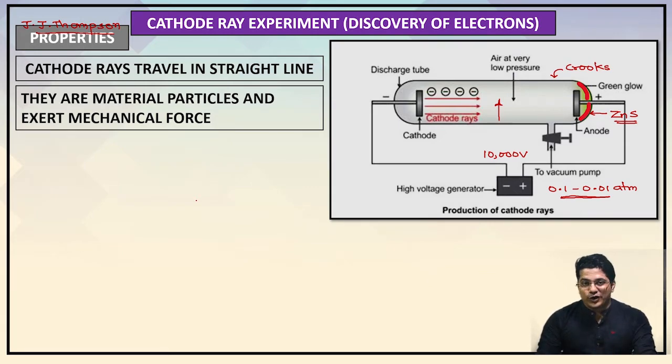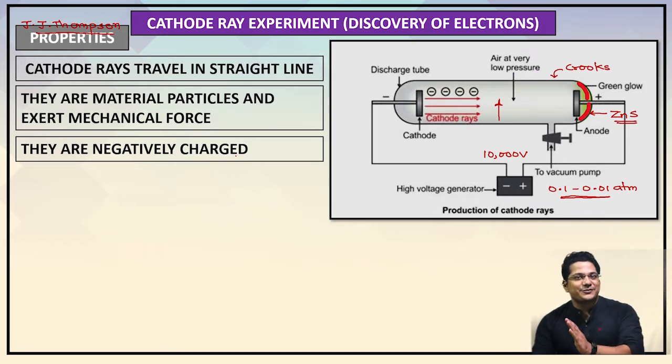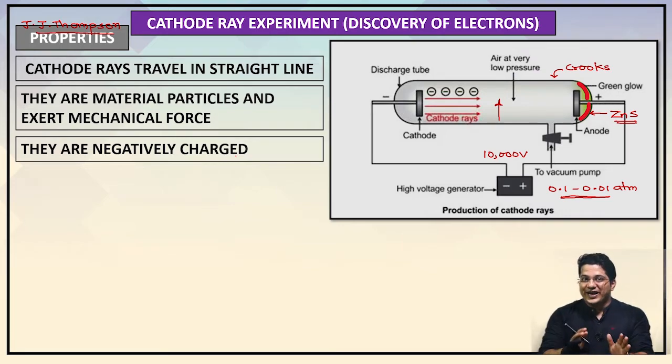Moving on further, J.J. Thomson observed that these cathode rays move from the negative terminal towards the positive terminal. Now, if something gets attracted towards the positive terminal, that particle is a negatively charged particle, because we know opposite charges attract each other, whereas like charges repel each other.